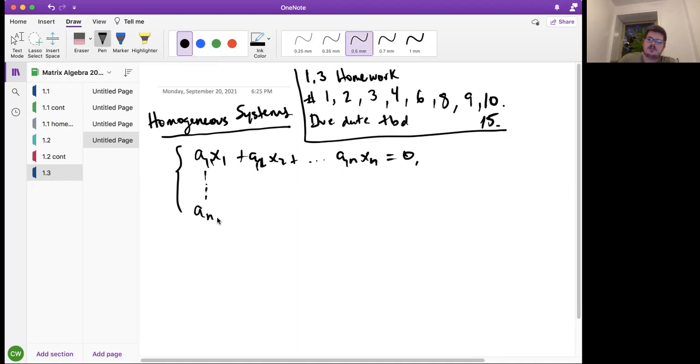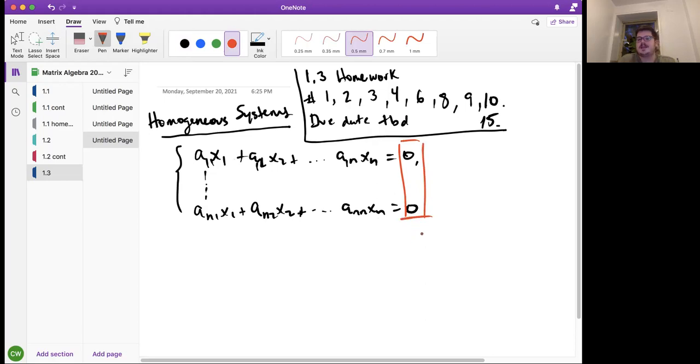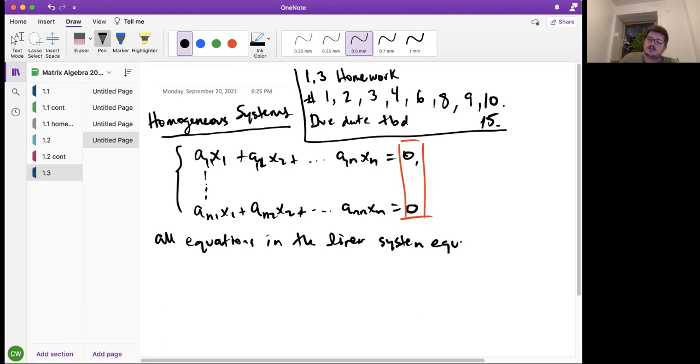So essentially all the equations in your system are equal to 0. This is what makes it homogeneous. They're all equal to the same thing, and it's equal to 0. So all equations in the linear system equal 0 is called a homogeneous system.